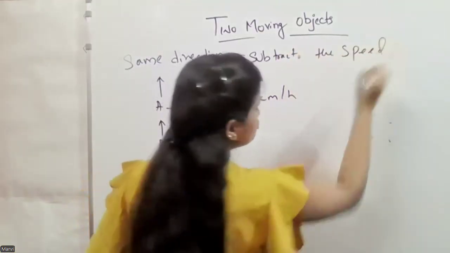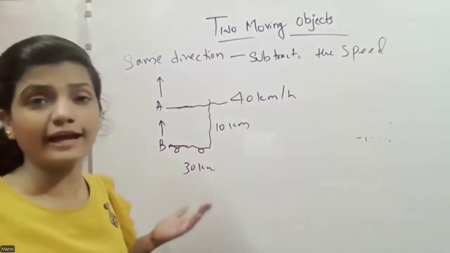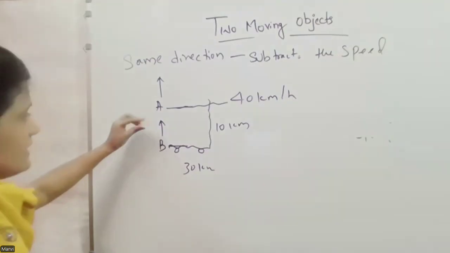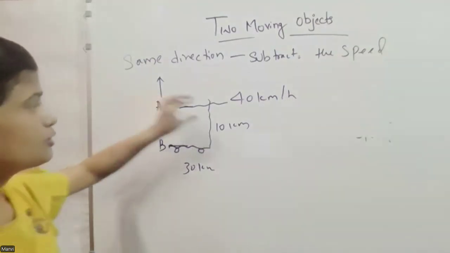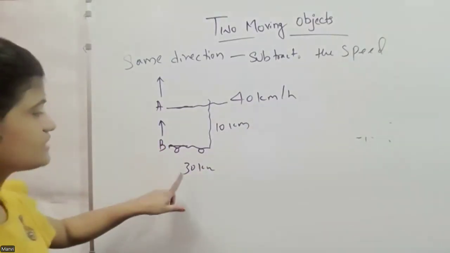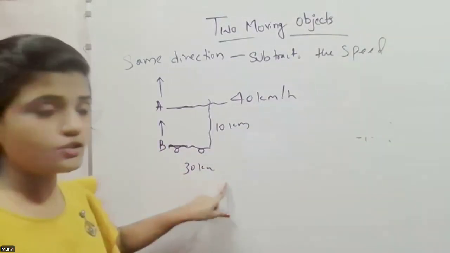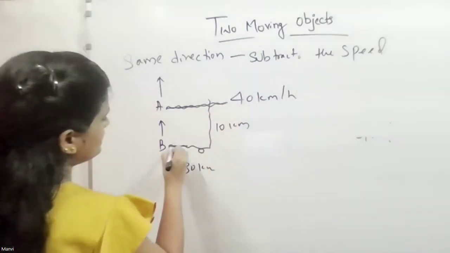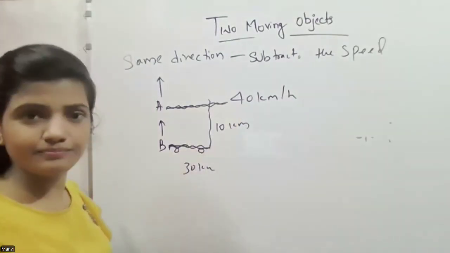So why are we subtracting? Why not adding? We are subtracting because we can see that this train A moves at 40 km per hour and this train B moves at 30 km per hour. Do you agree? When train A travels 40 km, train B is at 30 km only.